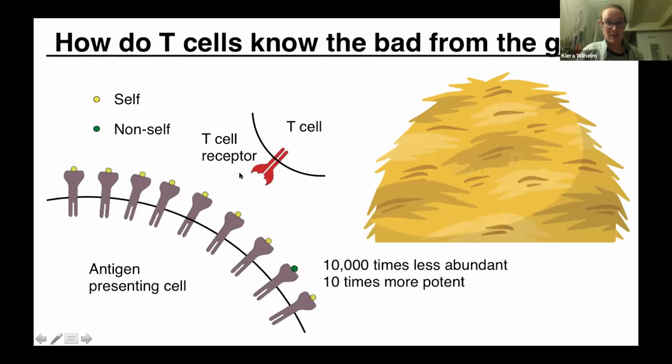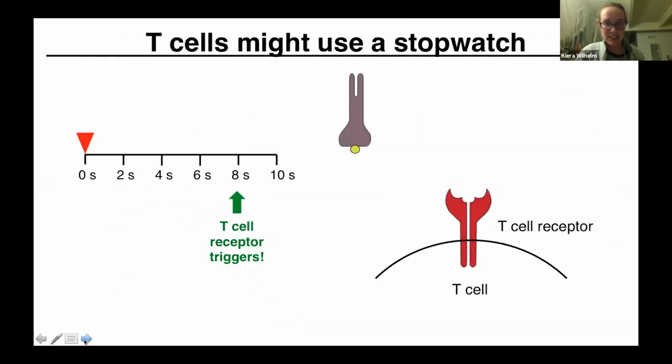And so my research really focuses on how a T cell receptor gets triggered. There's a hypothesis that T cells might use a stopwatch in order to decide what to respond to and what not to respond to. Here's a little animation that we have: a self peptide comes down, finds the receptor for a certain amount of time, and then leaves.